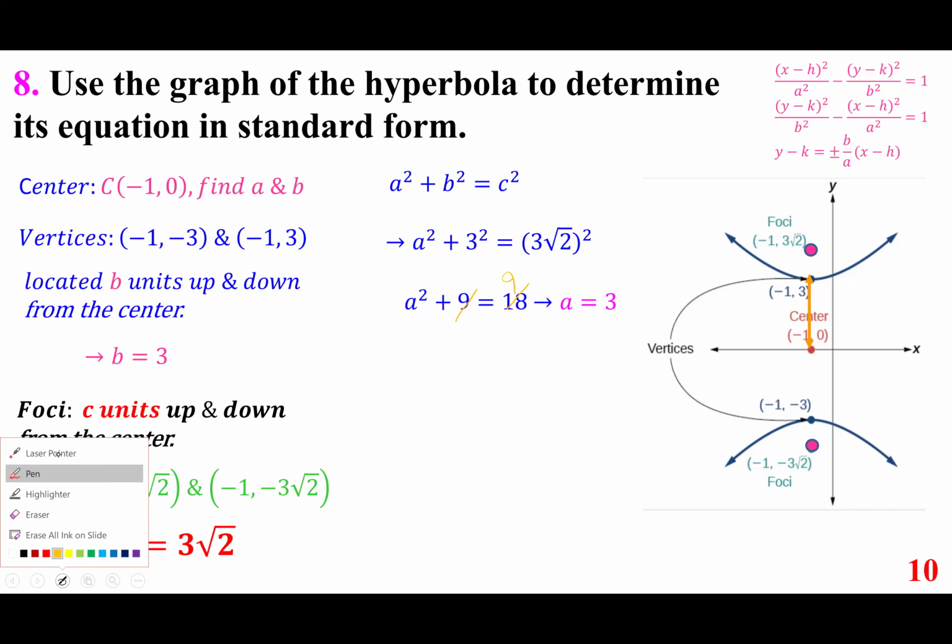Because it opens up and down, we use this one. The coefficient of y minus k quantity squared is positive 1 over b squared, then it's up and down. So we use that formula.